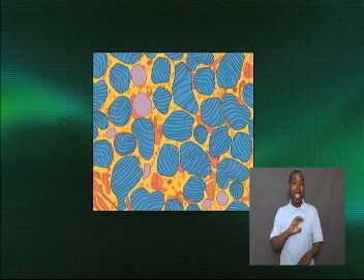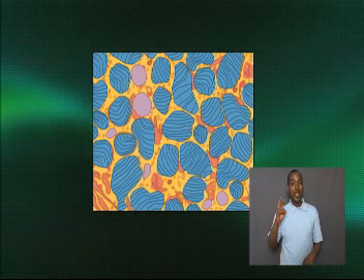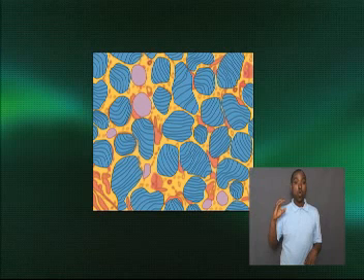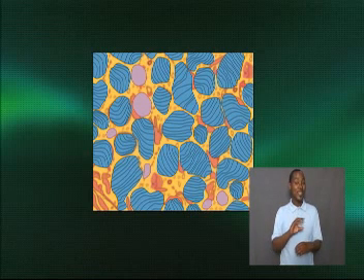Aerobic respiration takes place in the mitochondria within the cell. Mitochondria are one of the cell's organelles. An organelle is a unit within the cell that serves a specific function for the cell.